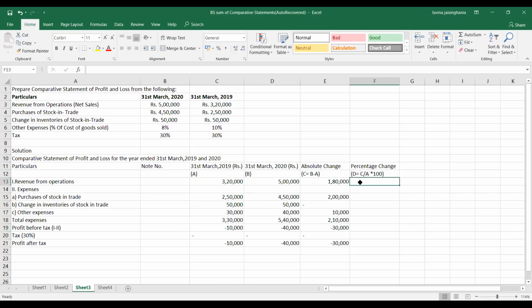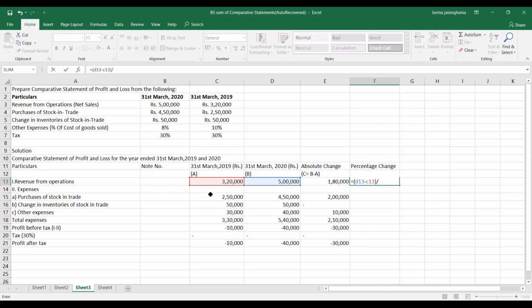What I'll do here is I'll just use a feature of Excel to find out the percentage. See, what we are actually doing is the difference divided by the base. Okay, so the difference between these both, so I'll do that. I'll take this cell, that is D13, minus the cell that is C13, divided by the base, that is C13.